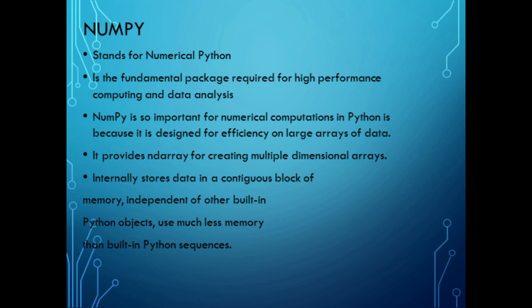It also provides an ndarray, an n-dimensional array, for creating multi-dimensional arrays. The data in arrays is stored in a contiguous block of memory, independent of other built-in Python objects, so it can use much less memory compared to other Python sequences.